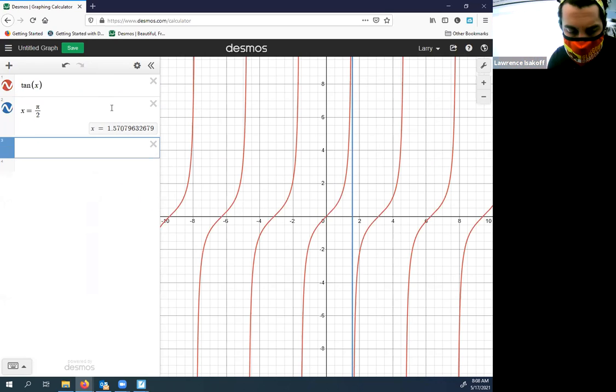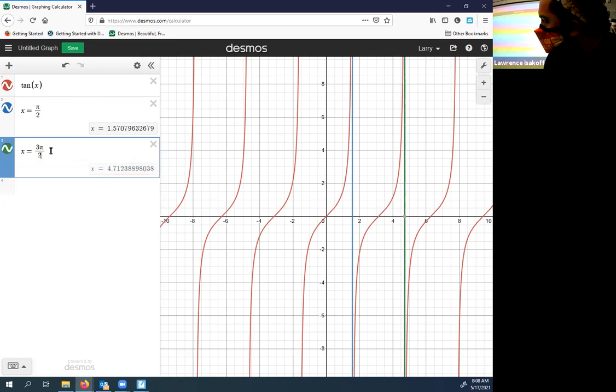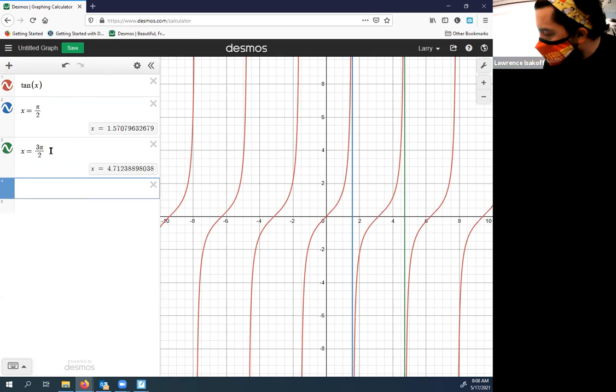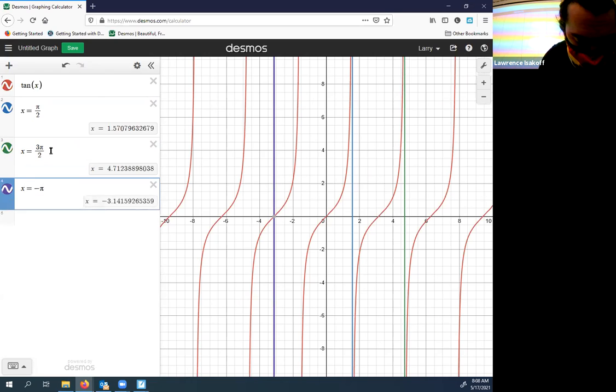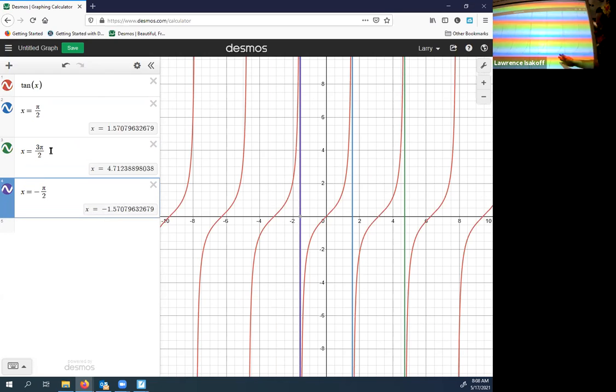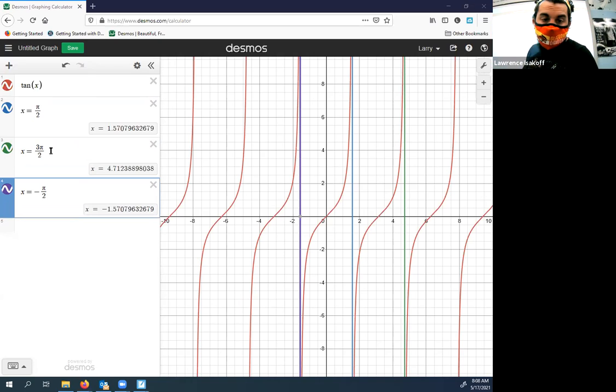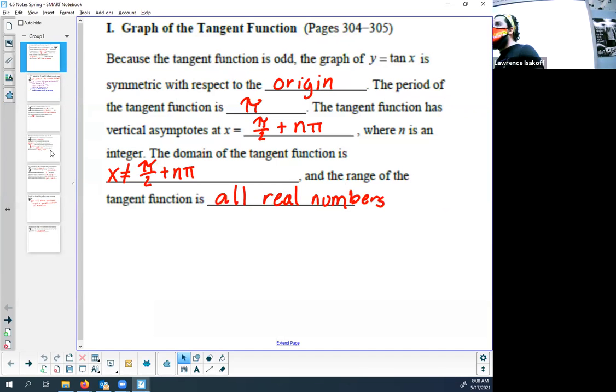If I were to add n pi to it, so if I add pi, like x equals 3 pi over 2, again, I get another vertical asymptote. If I went the other way and went negative, x equals negative pi over 2, I get another vertical asymptote. So that's what's kind of special about tangent. Not going to focus as much on the graphs of tangents, just let you be exposed to it.